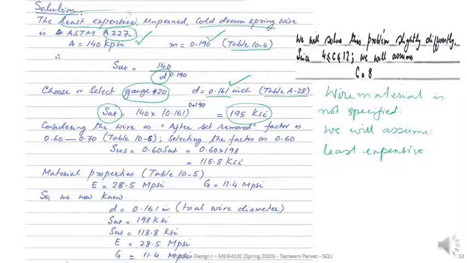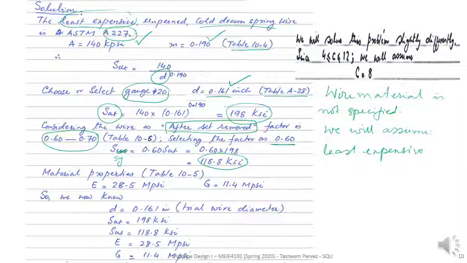Now this time I'm going to use the material as after set removed. This is more expensive than before set removed. And you remember the value that we had between 0.6 to 0.7, and I've chosen the lower value of this. So I got what is my yield strength. This is not S ultimate, this is the shear yield strength.